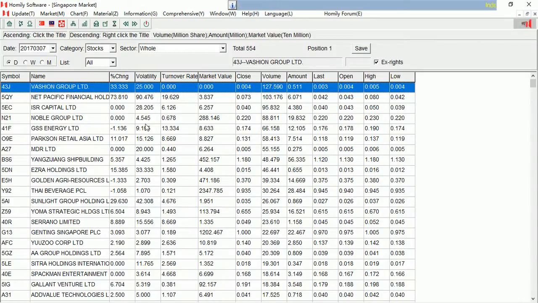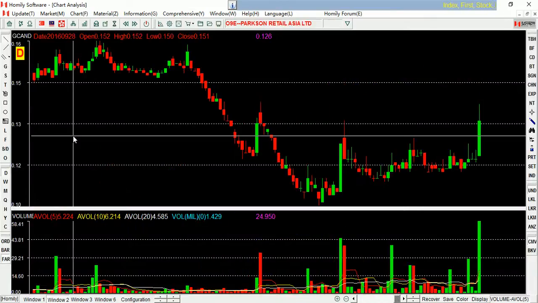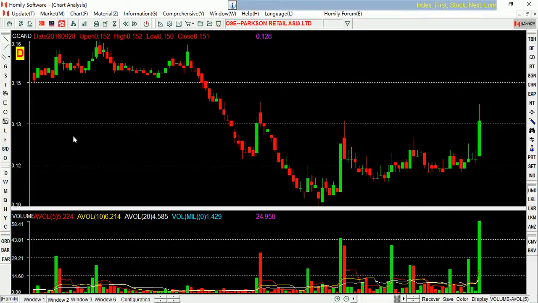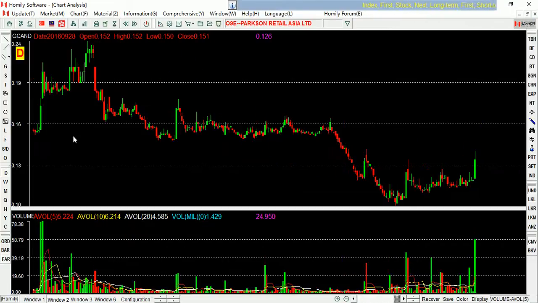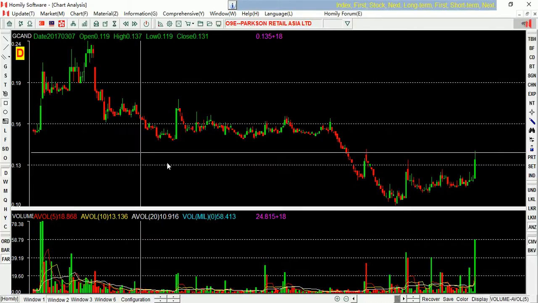Then let's see the next one. Let's see this one, Parkson. Parkson, actually I mentioned this stock before. So why I mentioned this stock? I can show you how to judge the pattern, okay? So let's see this one.